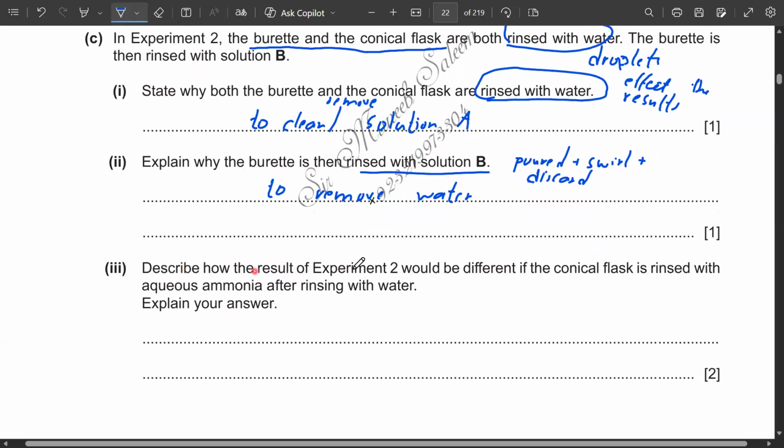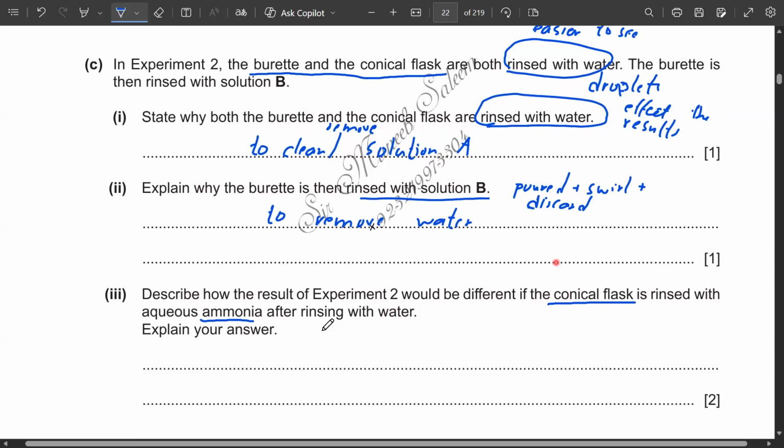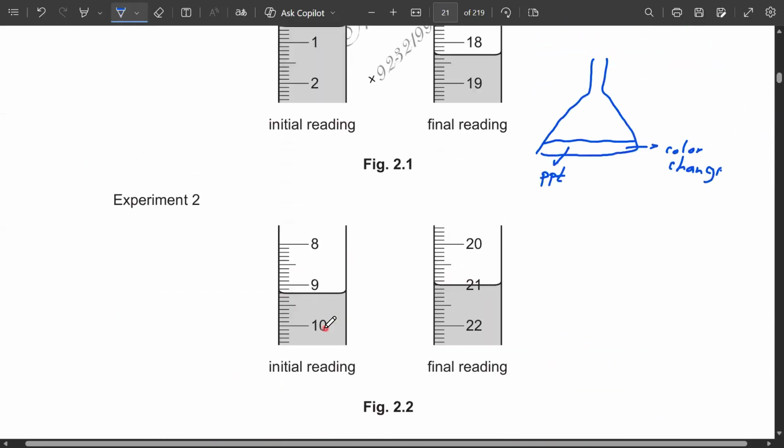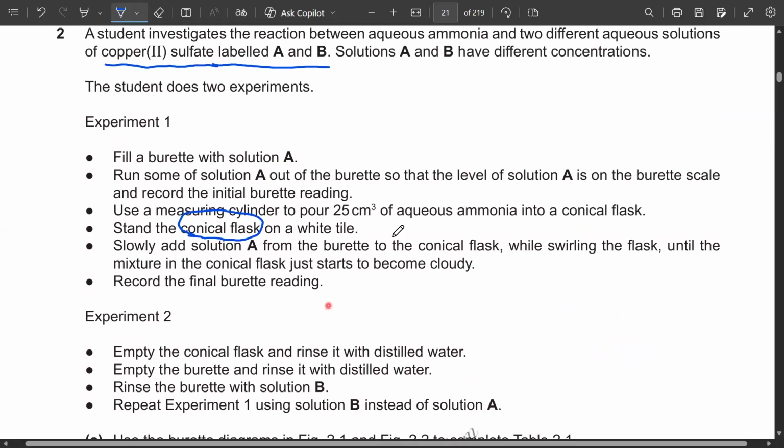Then third part, describe how the result of experiment 2 would be different if the conical flask is rinsed with aqueous ammonia after rinsing with water. Okay, it says that if you rinse a conical flask with the ammonia after it was rinsed with water, so basically we remember that we had to pour exactly 25 cm cube of the ammonia using the measuring cylinder. Using it, we had to pour only 25 cm cube. What if we rinse with the ammonia?